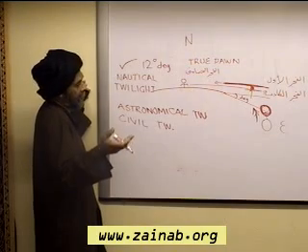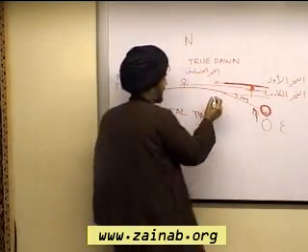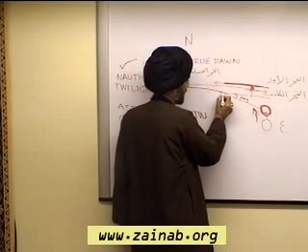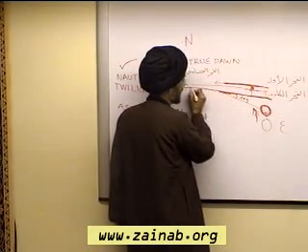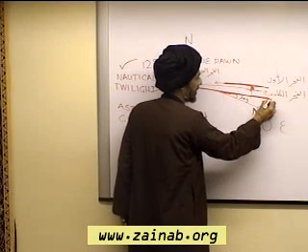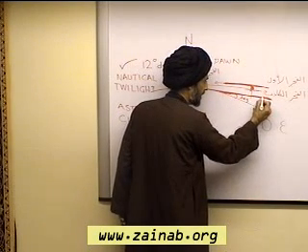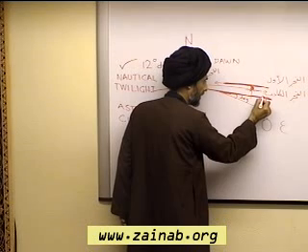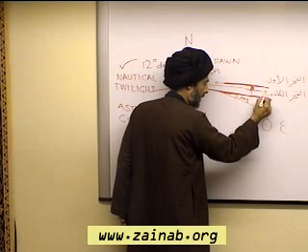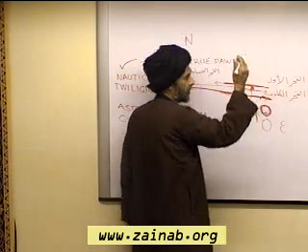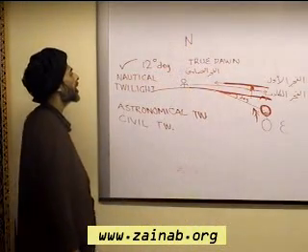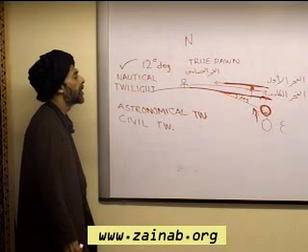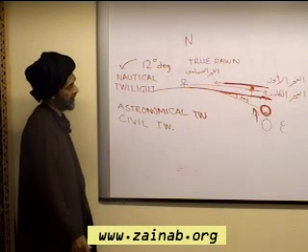And it becomes qadha when, on the visible horizon where you are standing, the sun starts to be visible. That's where the Fajr becomes qadha. So this is about the Fajr prayers.